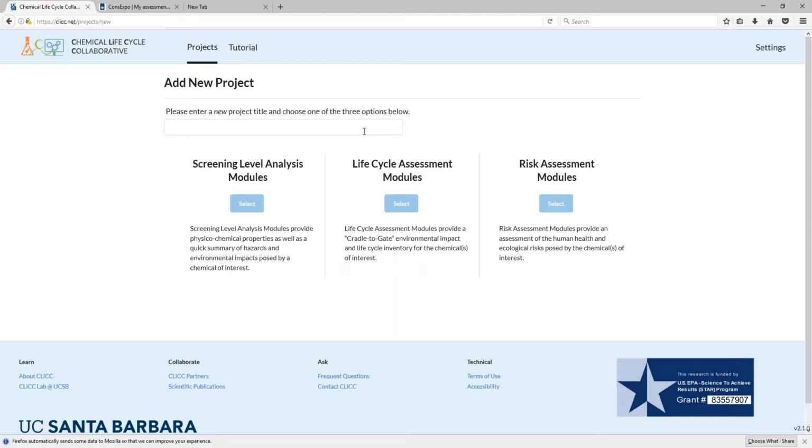The other one, which Sangwon will be talking about later, is the Lifecycle assessment modules, which gives you a lot of the calculations that he was showing. And then we're going to be using the risk assessment modules now. This allows you to go from identifying your chemical all the way to release, exposure, concentrations, and risk assessment.